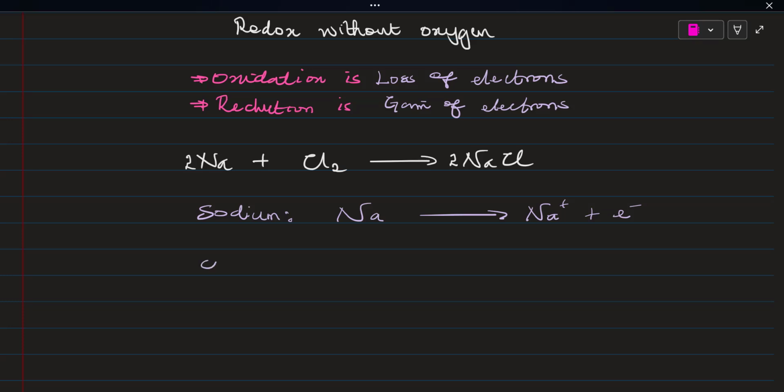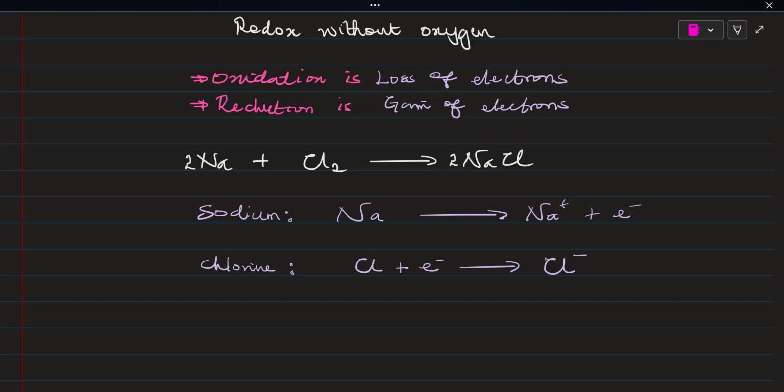For the chlorine half of the equation, we have Cl. We use only 1 chlorine atom, remember, the way we did last time. So 1 chlorine atom will gain 1 electron from sodium to give us Cl minus.